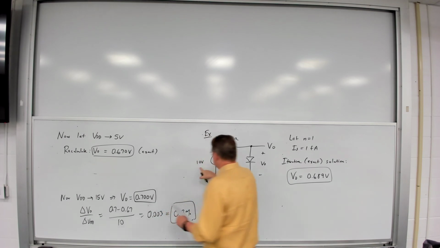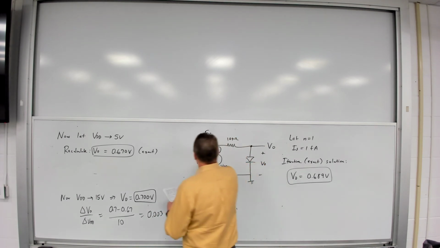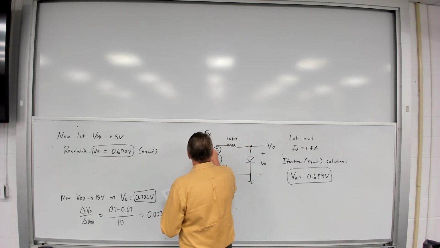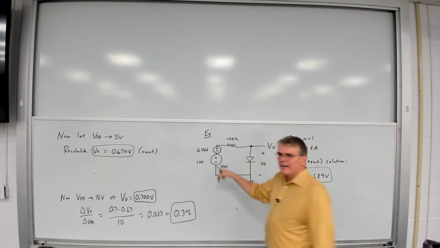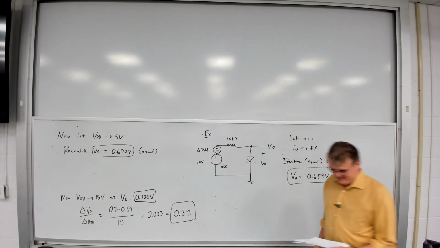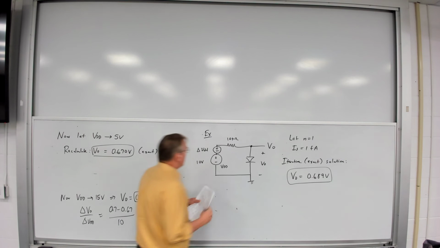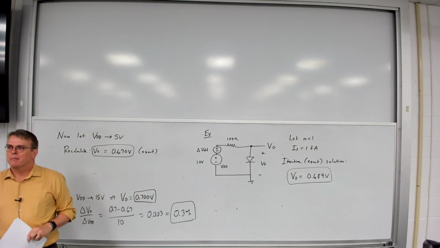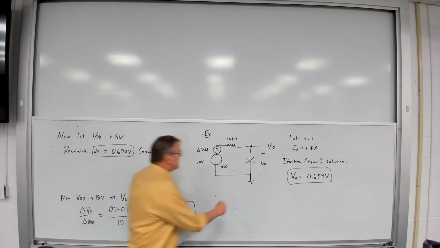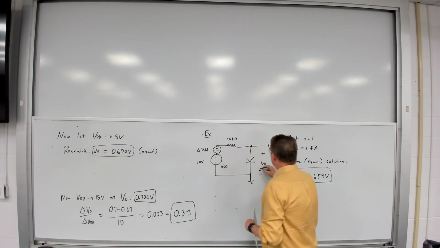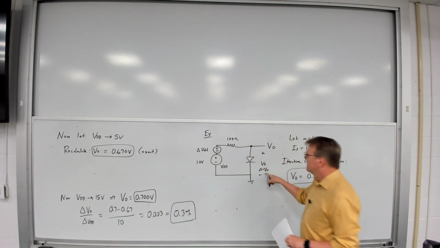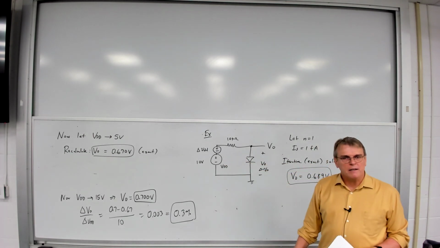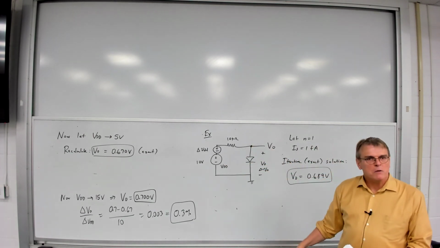I'm going to take this 10-volt circuit and add a delta VDD to that circuit. And what I want to do is calculate this in the small signal domain. Okay, what is delta V out given the delta VDD? Let's do a small signal calculation.